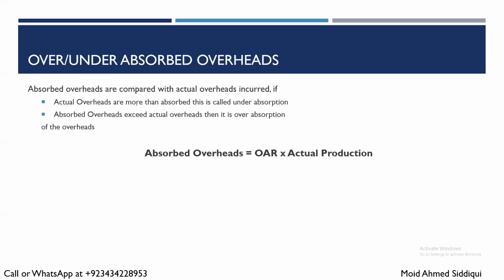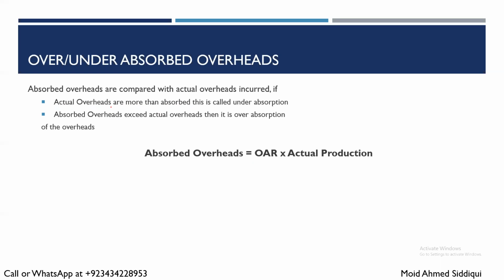What happens if actual overheads are more than the absorbed overheads? What do actual overheads represent? Actual overheads represent actual expense, actual expenditure.